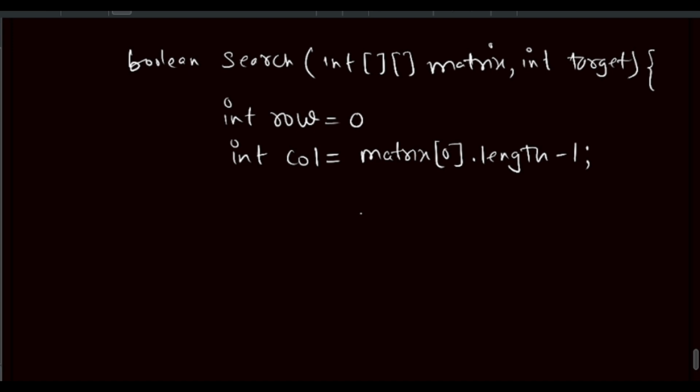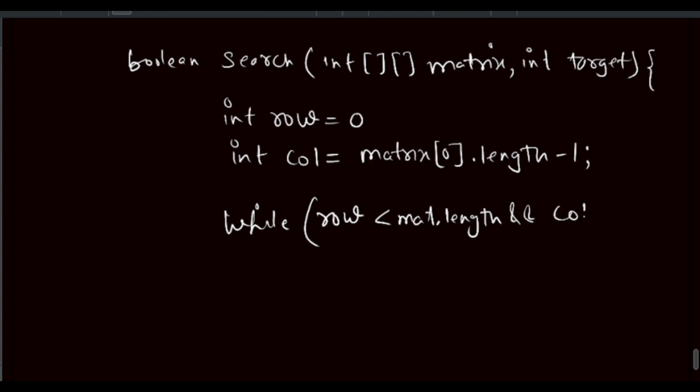So now while iterating, by row I'm moving down and by column I'm moving left. So I should be careful about not exceeding the number of rows. So rows should be less than matrix length and columns should be greater than or equal to 0, because I'm moving left with the column variable.